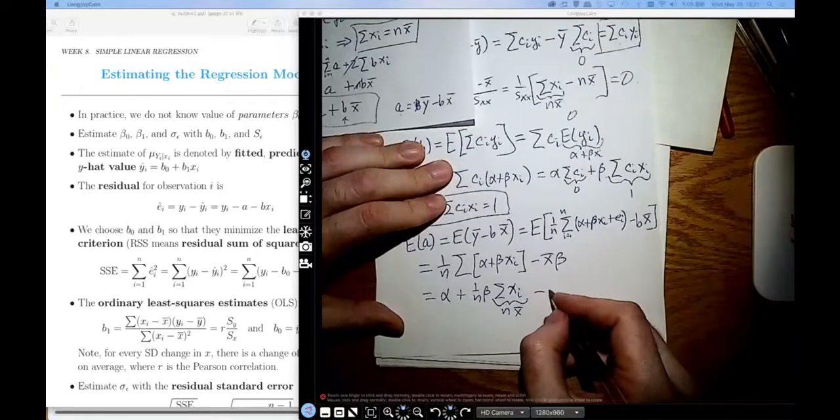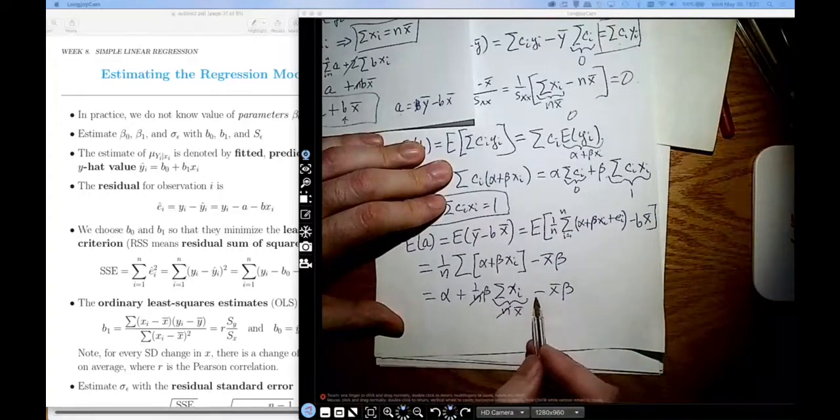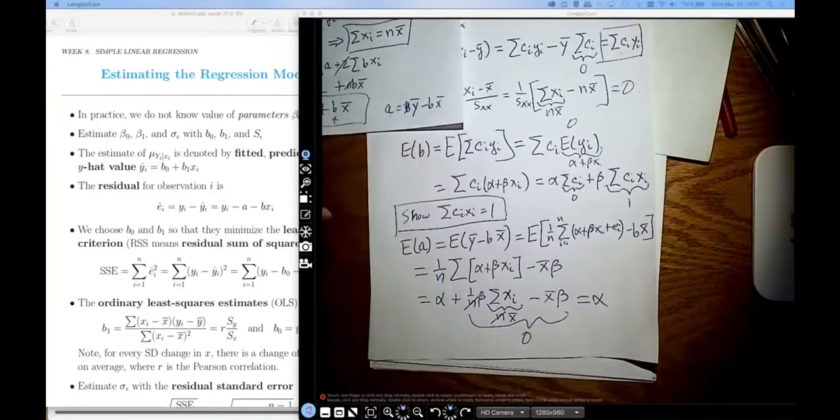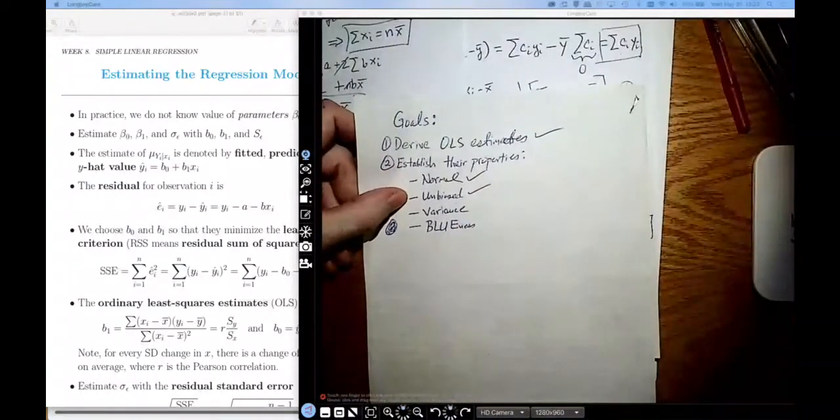And this is, well, x bar times beta. So this n crosses out with this n. We have beta times x bar minus x bar times beta. So this whole thing is 0. So I'm left with alpha. And so what I claim is that my estimates are unbiased.